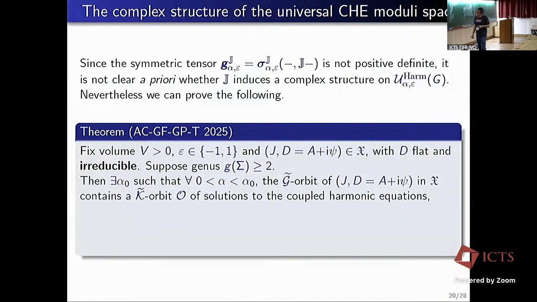Then there exists an interval of the coupling constant alpha, not small, so that the orbit of this flat triple contains an orbit for the unitary extended gauge group of solutions of that equation. This is similar to Kempf's.